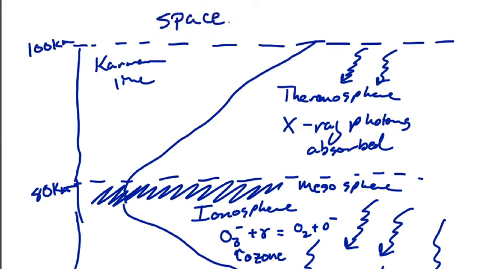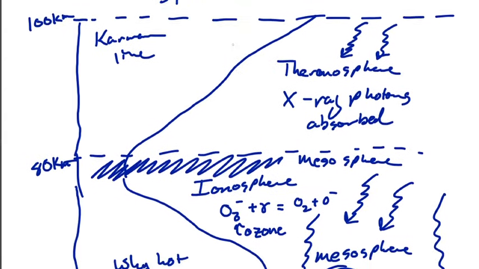Now, in reality, there's a continuum from very low density thermosphere up into extremely tenuous bits of atmosphere in space. And there is no hard boundary between the Earth's atmosphere and outer space. But you get to 100 kilometers and you hit the classically defined Kármán line.